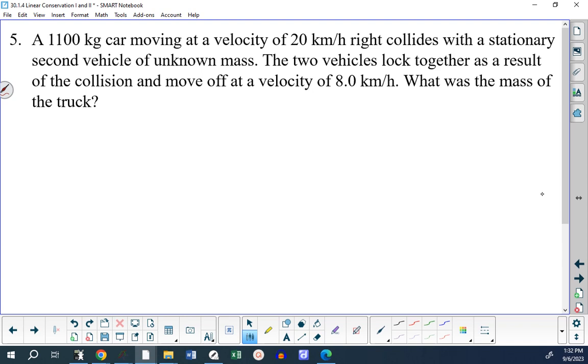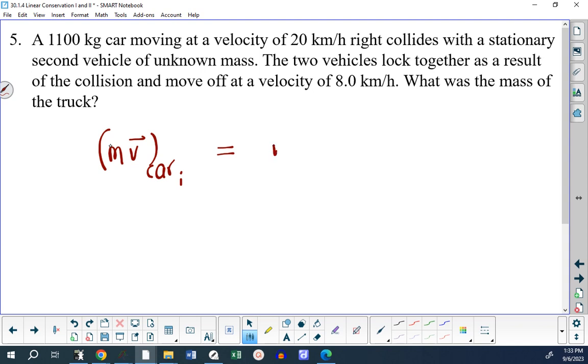Okay, so before the collision, you have the car, and that's it. The truck is stationary. You'll notice I didn't bother to write PI equals PF. We know that. After the collision, the two vehicles lock together and move off at 8 kilometers per hour.